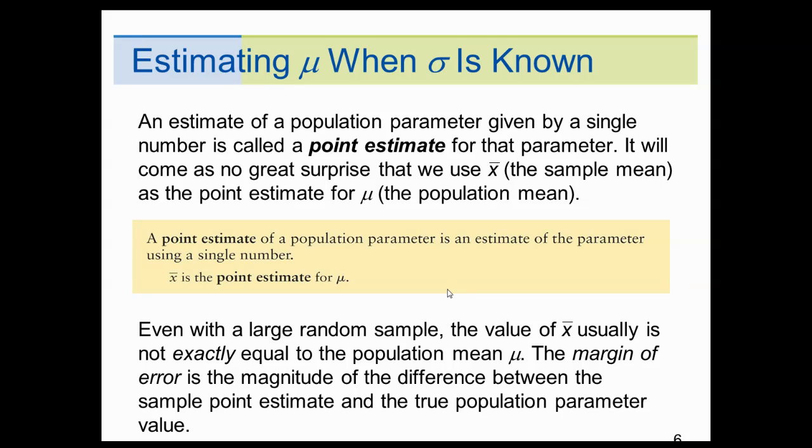Even with a large random sample, the value of X bar usually is not exactly equal to the mean of the entire population. The margin of error is the magnitude of the difference between the sample point estimate, the mean of the sample, and the true population parameter, which is mu.